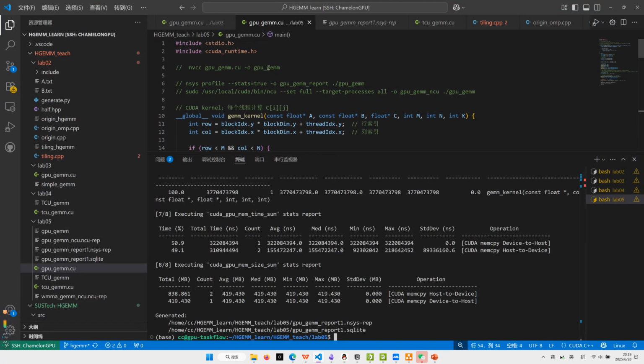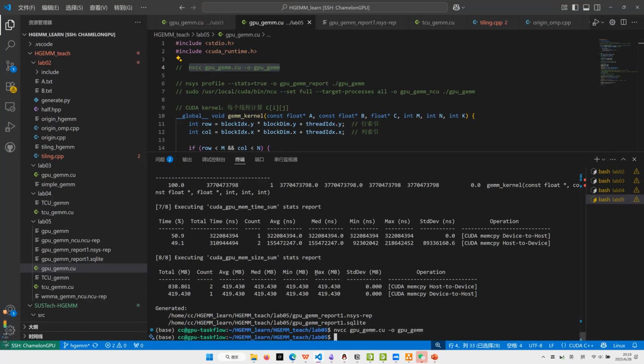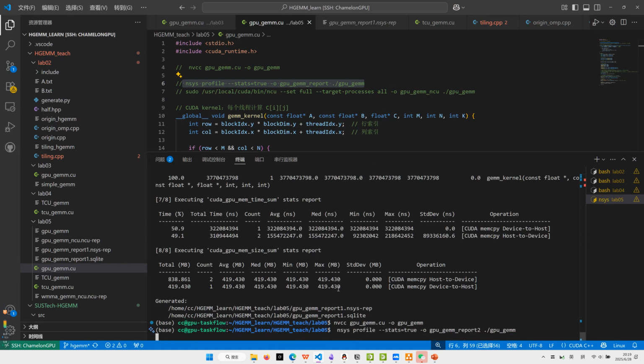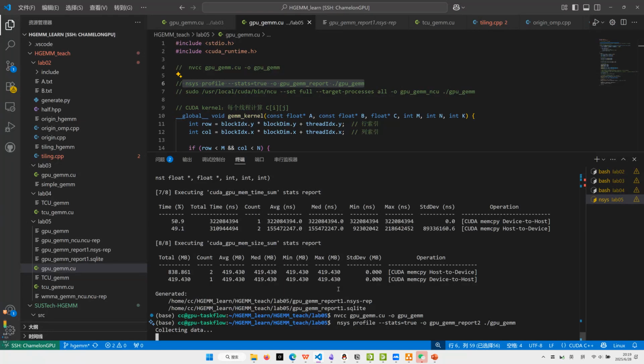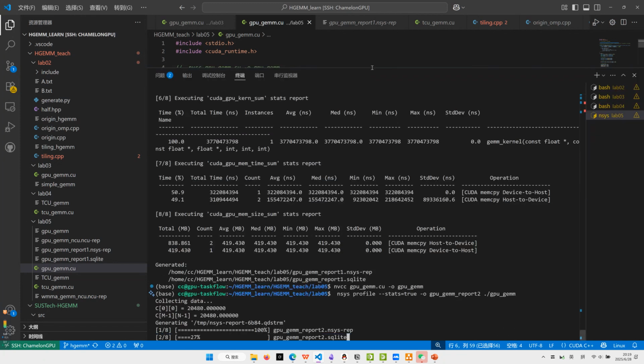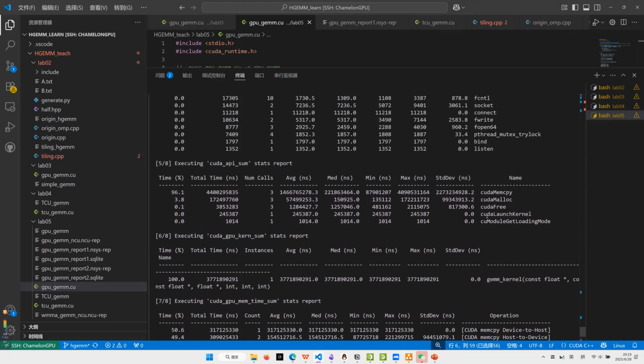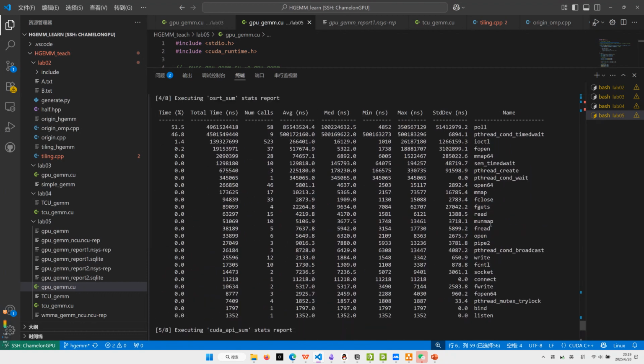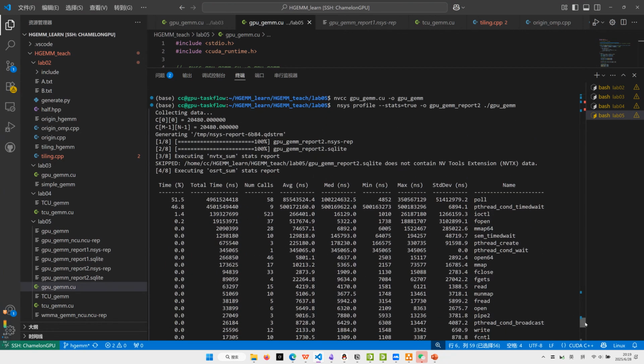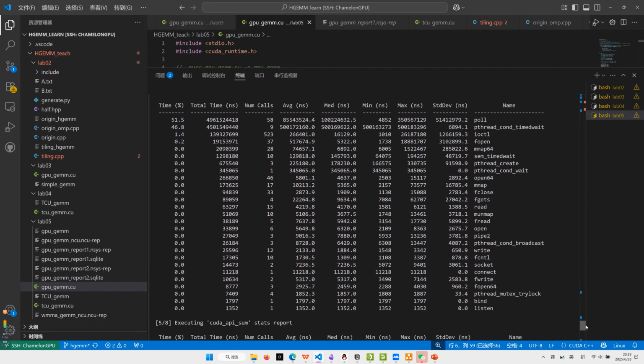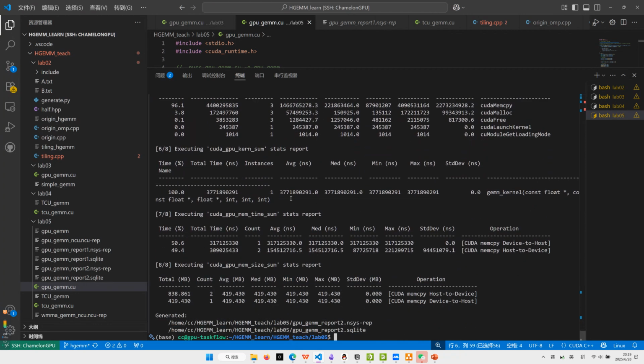First, we can compile it. The second thing would be profiling. See why there are too many functions. What is this kernel causing?